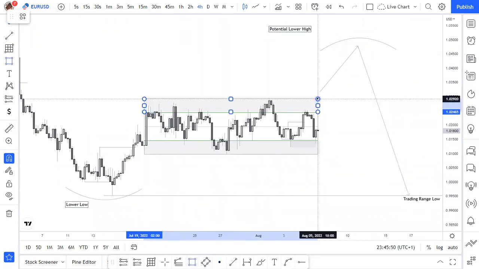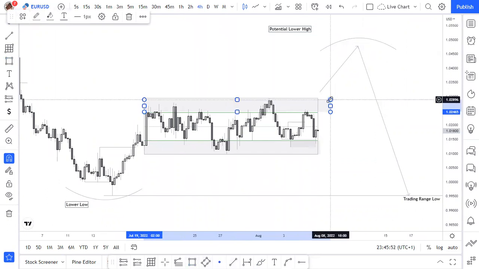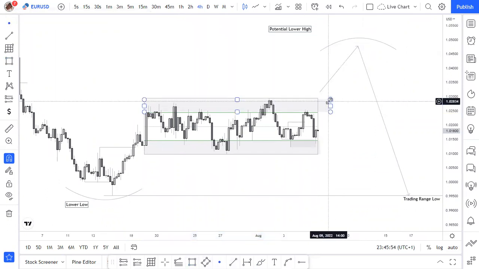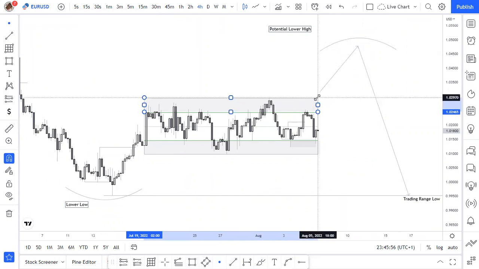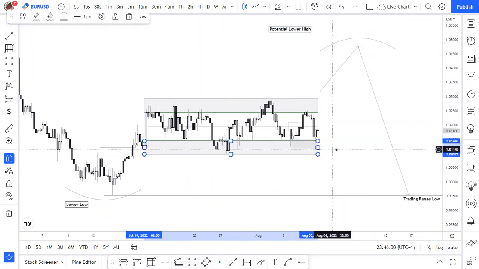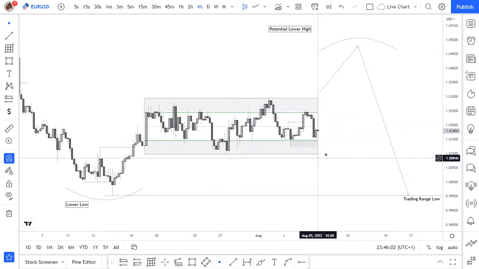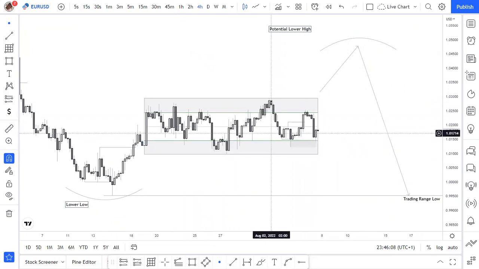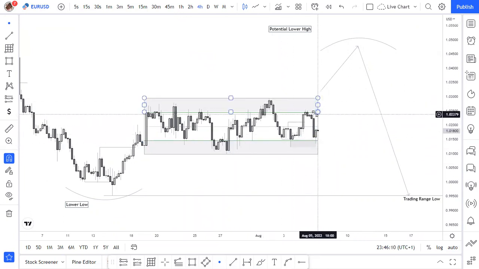You could look for some kind of trade from within here, using what you know and understand about structure, applying everything, but looking for trades within the lower third and then the higher third of the range, and then taking your profits within the range. But my best advice would be for you to wait for a full breakout.